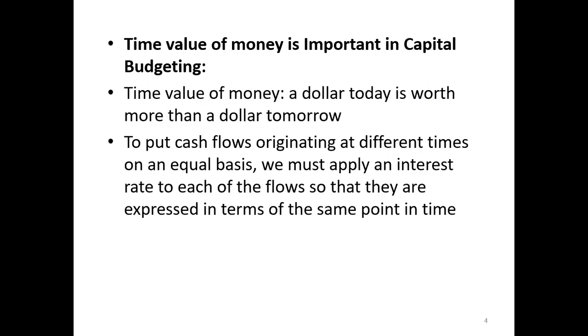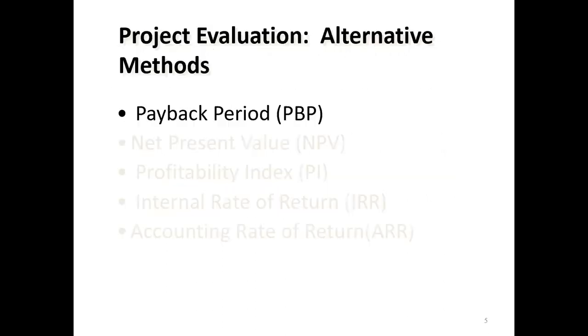Time value, like I said, will be vital in capital budgeting because you're going to see the viability of $1 today compared to that tomorrow. Whenever we're dealing with cash flows, we're going to discount them to see whether it's viable to invest, considering the future cash flows that we're going to receive, or making an outright buy.